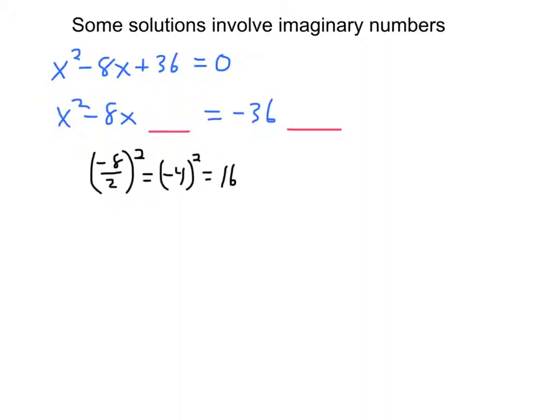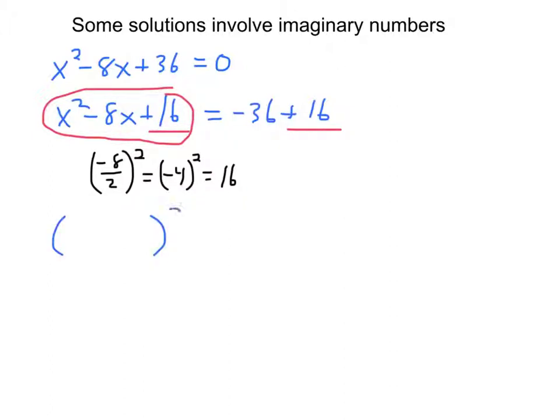So we're going to add 16 to both sides. And now that we've done that, this left side we can factor into the square of x minus 4. And when we add the numbers on the right side, we end up with negative 20.